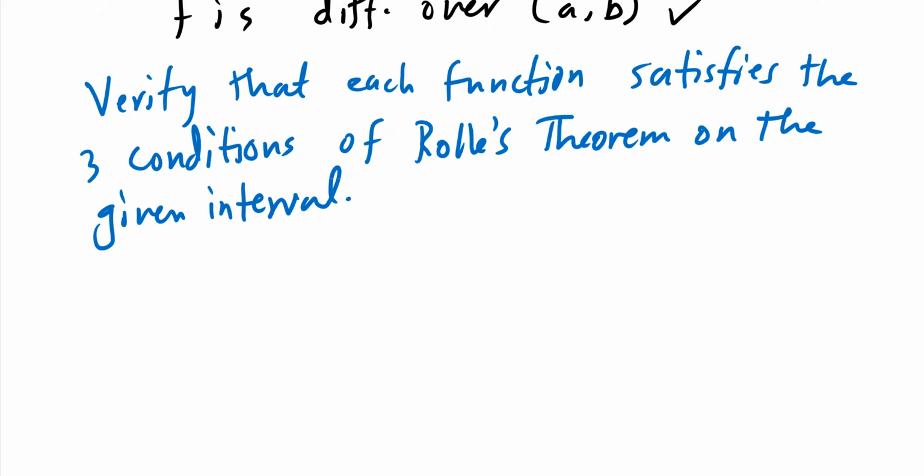Then we're going to find the values of C between the interval, let's say AB, that are guaranteed by Rolle's theorem. So let's look at the first example.